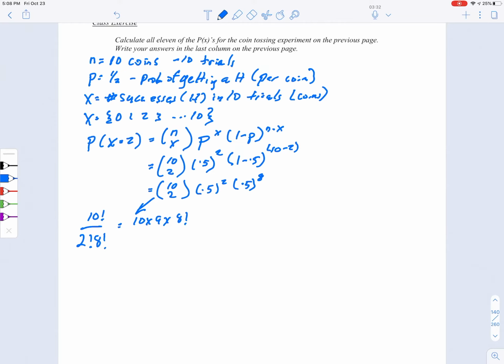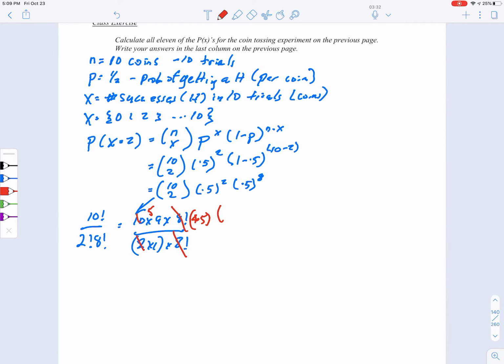Because that's 8 times 7, 6, 5, 4, 3, 2, 1, over 2 times 1 times, again, 8 factorial, which is 8, 7, 6, 5, 4, 3, 2, 1. And so we could just do some crossing out here, and we'll end up with 45. So there's 45 different combinations that would give us 2 heads and 8 tails.